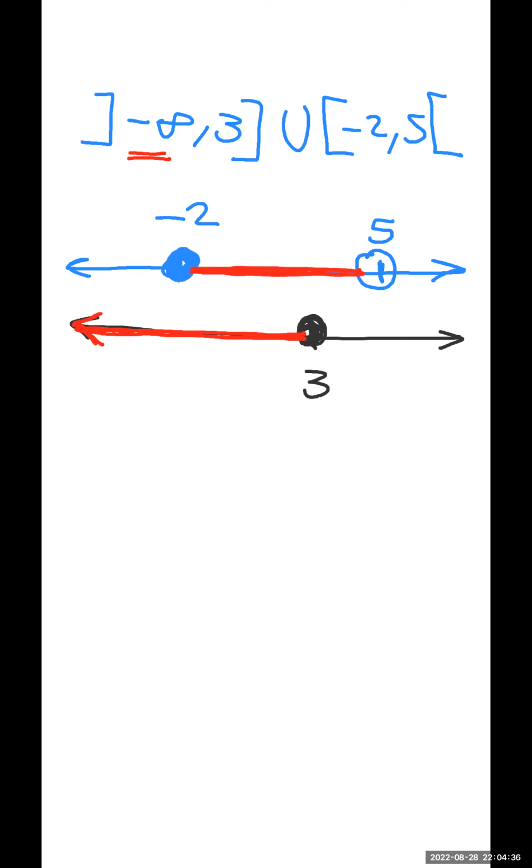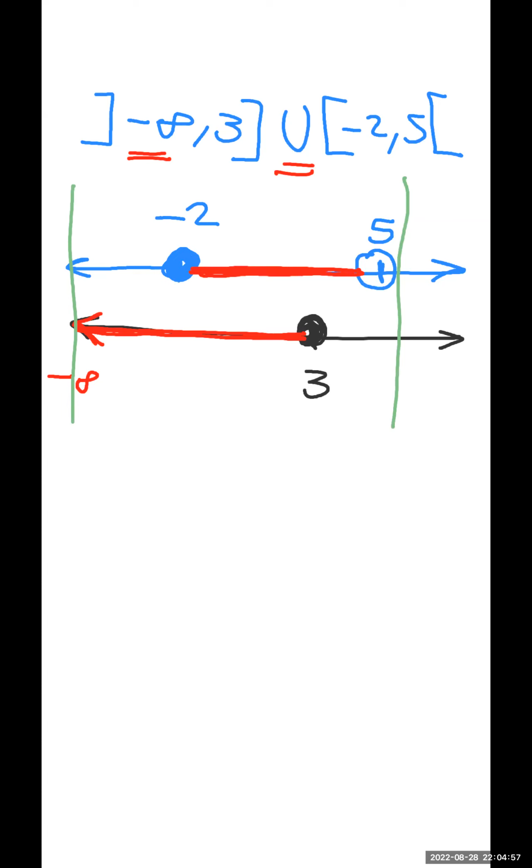Now my question is to get the union. So all elements. Here, -infinity. So I'm starting from here. Till which point? Here. Correct? So this is all elements.